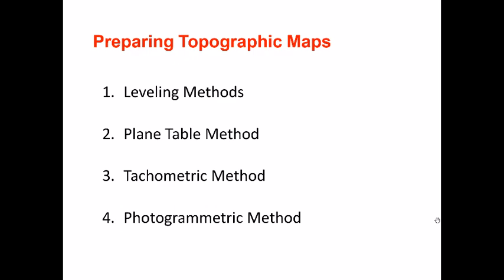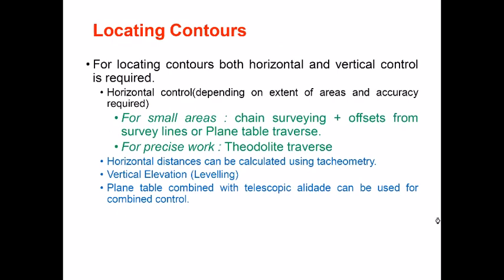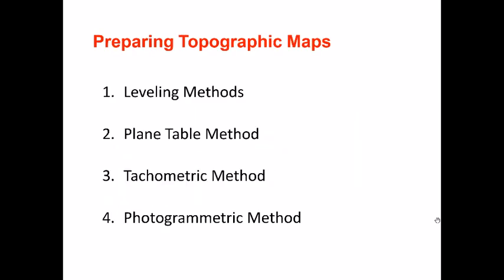And secondly, since the reduced levels that you calculate are at a distinct location, and the contour map tells you which point is at what elevation, in addition to the vertical control, you need to have horizontal control. So you need to know at what location in the XY plane is that point whose elevation is this much. So you need both the horizontal control and the vertical control.